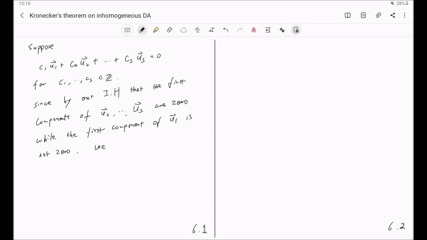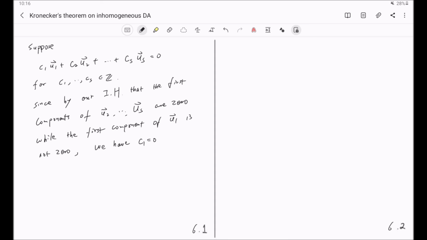We have immediately c1 equals to 0. So you can cross out this term and just look at the remaining term, which is equal to 0.